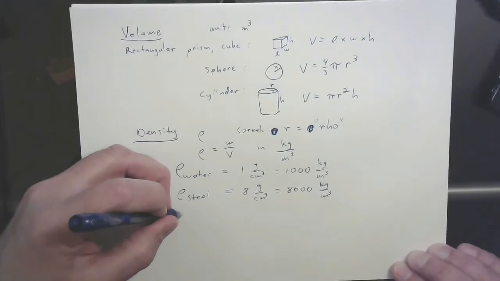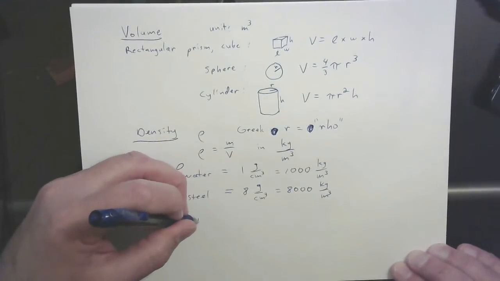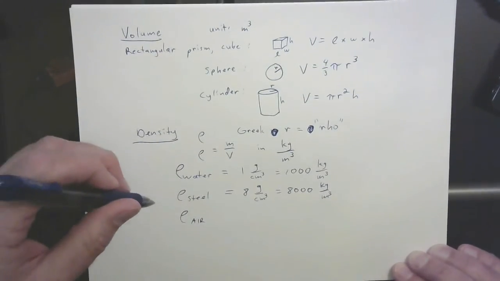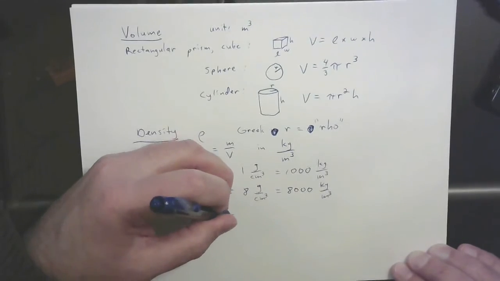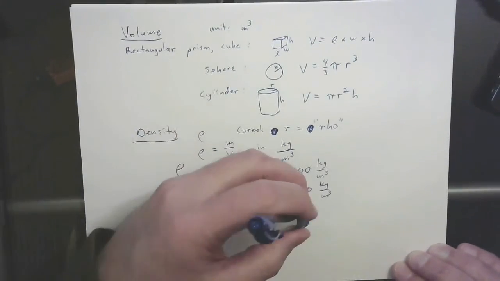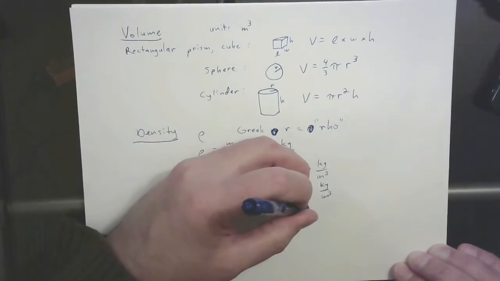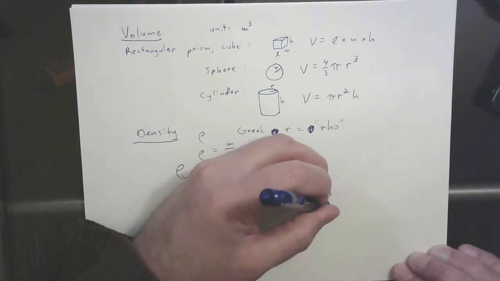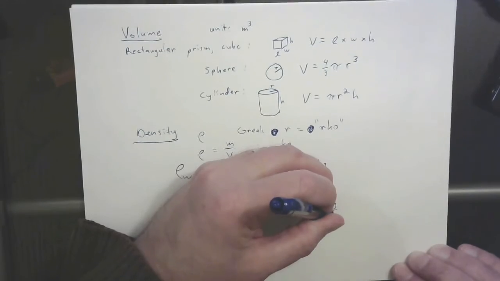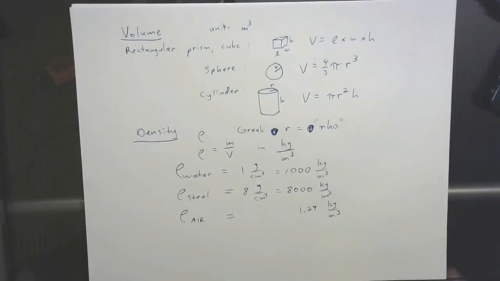And maybe one more, density of air at standard pressure, so down here at sea level, best just kept in normal metric units, 1.29 kilograms per cubic meter. So density of air is quite a lot lower than these other things.